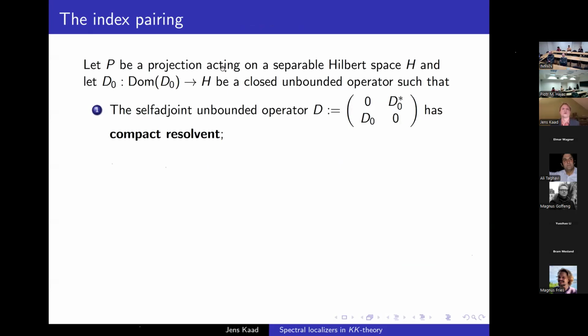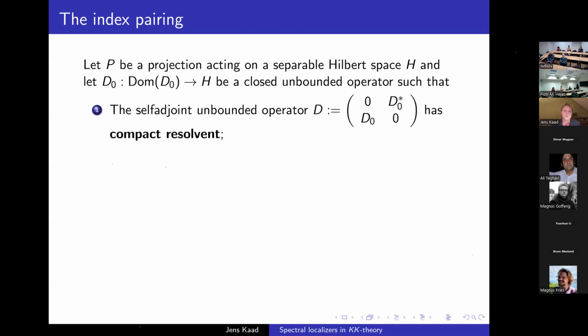Here you have a projection which acts on a separable Hilbert space, and you have a closed unbounded operator acting on the same Hilbert space. These objects have to satisfy some conditions.